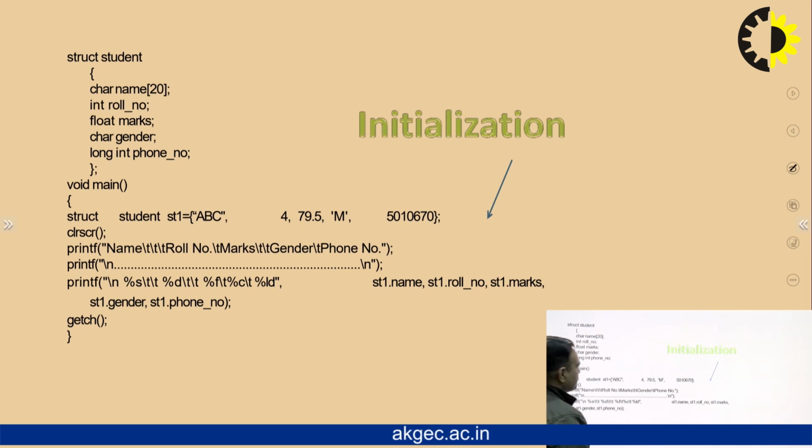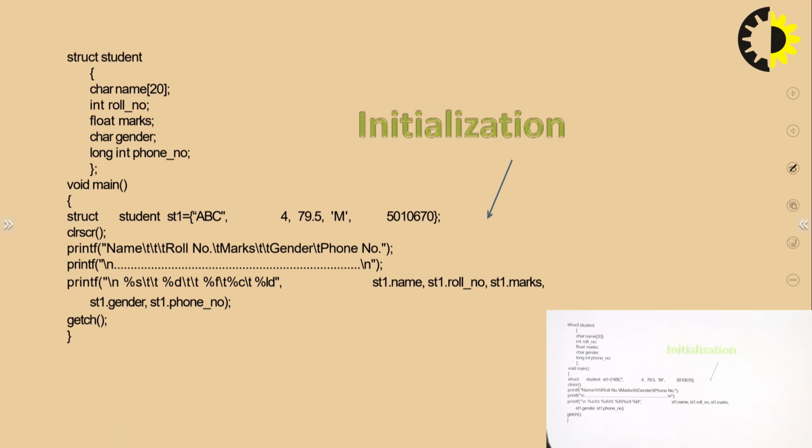Marks are 75.25, 30.25, so we are mentioning marks as float numbers. Gender means male or female, M for male, F for female, that's why we are mentioning gender as a character data type. And phone numbers are numbers, that's why we are using long int.